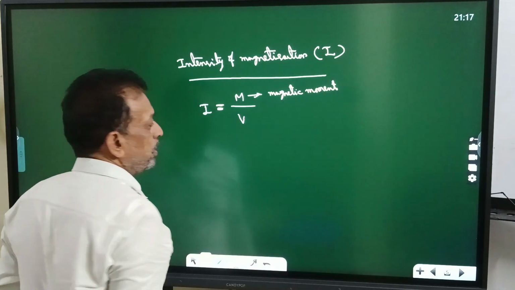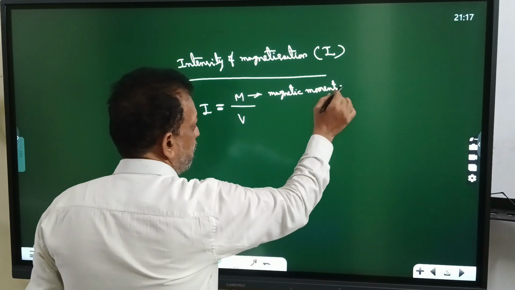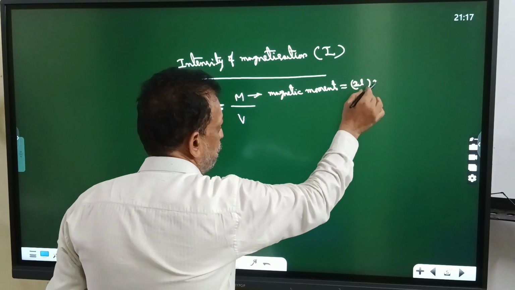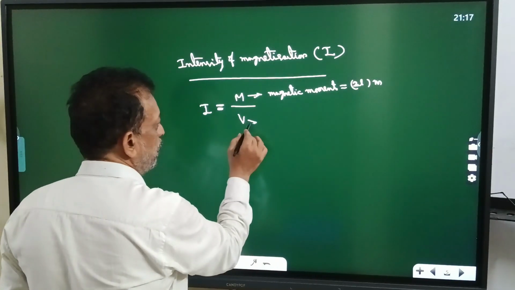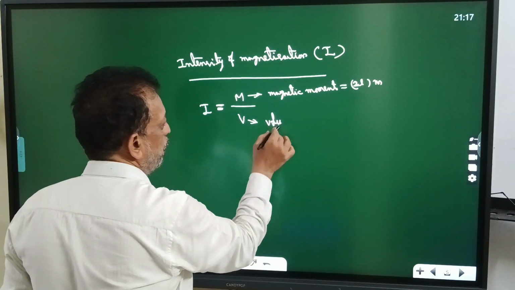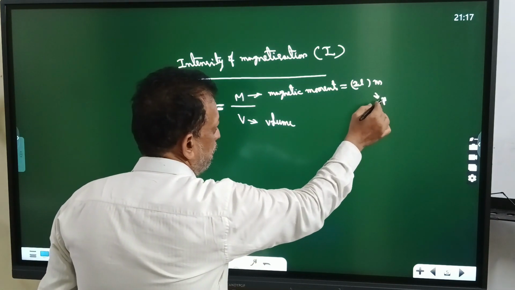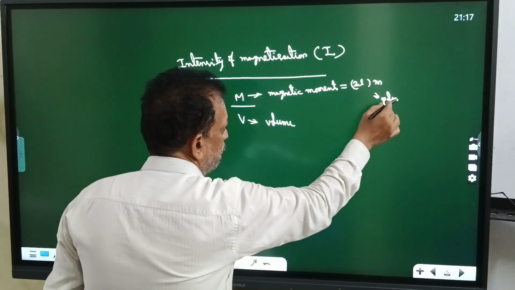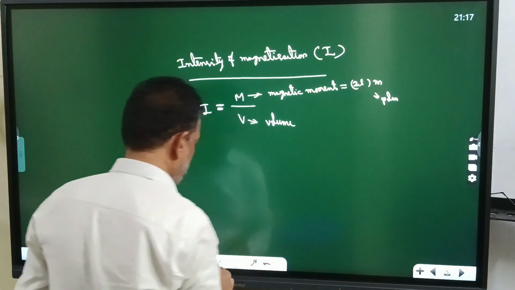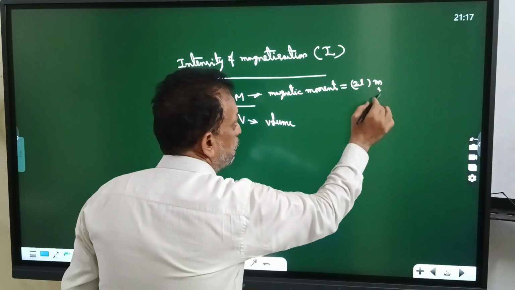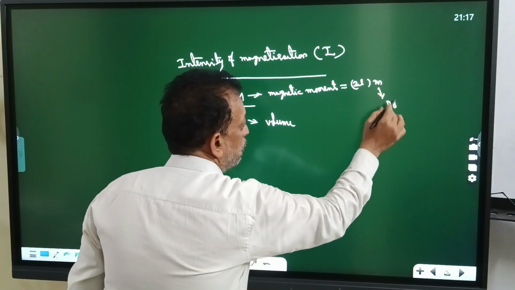So magnetic moment formula is length of the magnet 2L into pole strength m, small m. V is called volume. I am writing the name here as volume. So m is not mass, it is pole strength. Pole strength. m stands for pole strength.